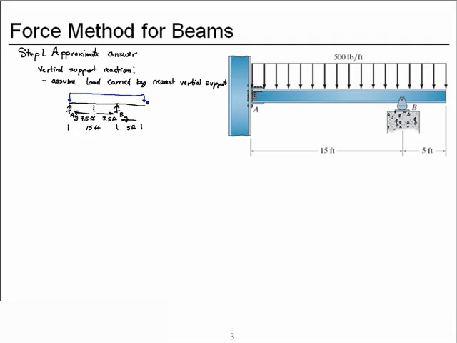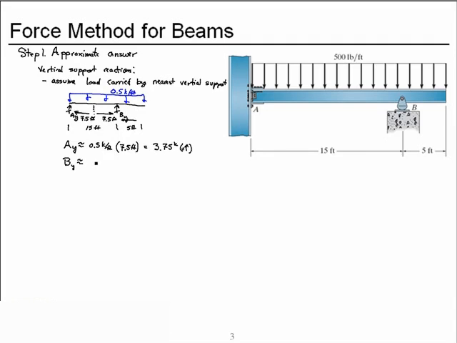And the load we're talking about is the uniform distributed load. So my approximation of AY will be the distributed load times the 7.5 feet. So my approximation is 3.75 kips acting up.